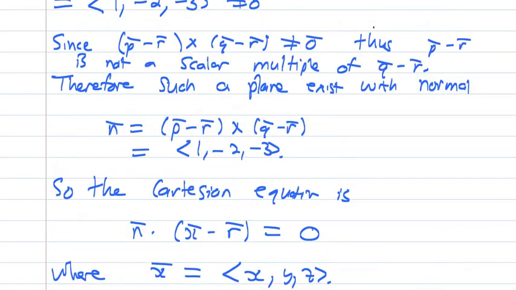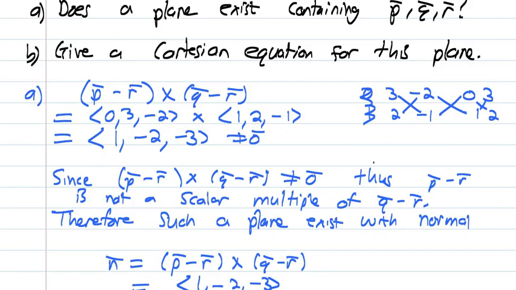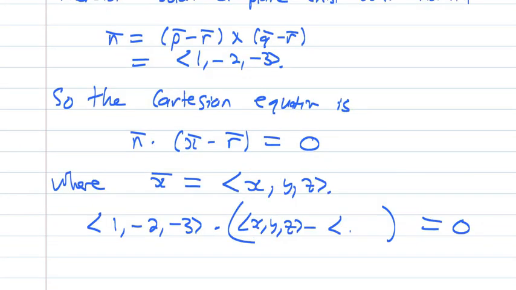R is the vector with components, let me just scroll up to see what it is, 1, minus 1, 1. So that dot that becomes x minus 2y minus 3z. Minus 1 times 1 is minus 1. Minus 1, double minus is plus.